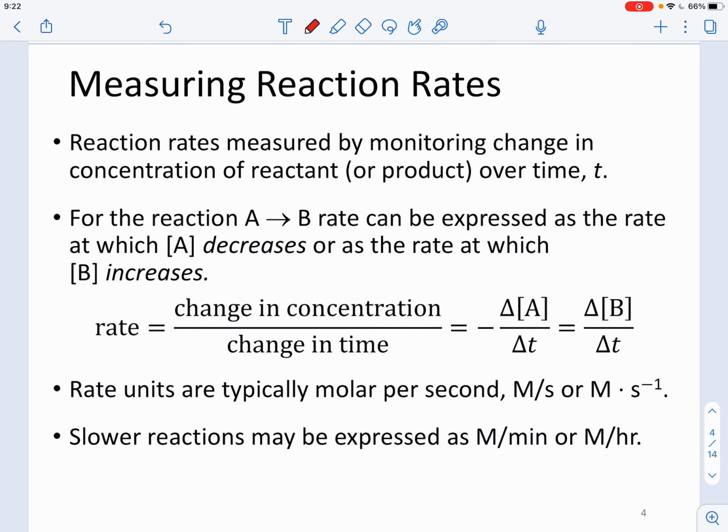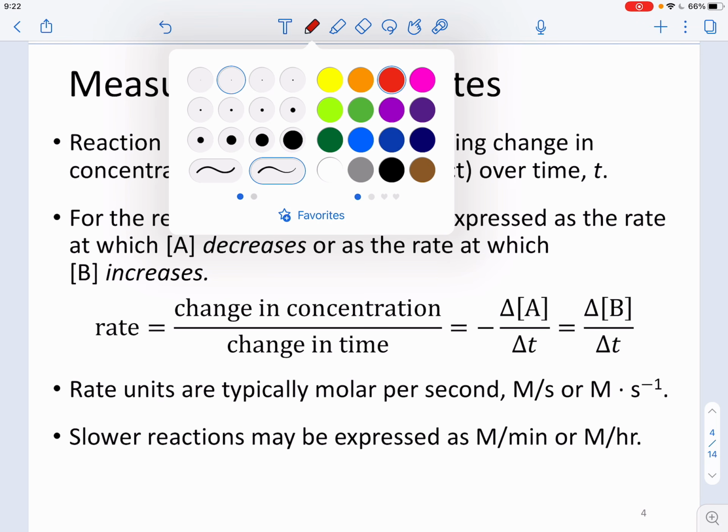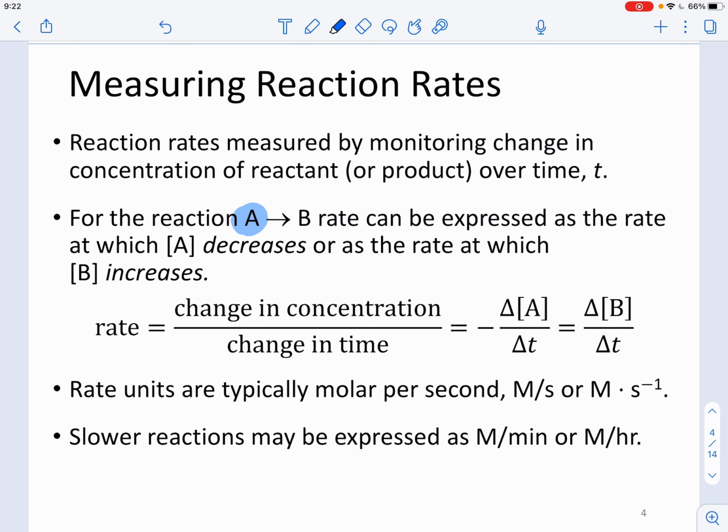What does that have to do with anything? Well, because you have a reactant here and the reactant is disappearing, then you add a negative sign here. That is a reflection that the concentration of the reactant is decreasing. You need to add a negative sign there.